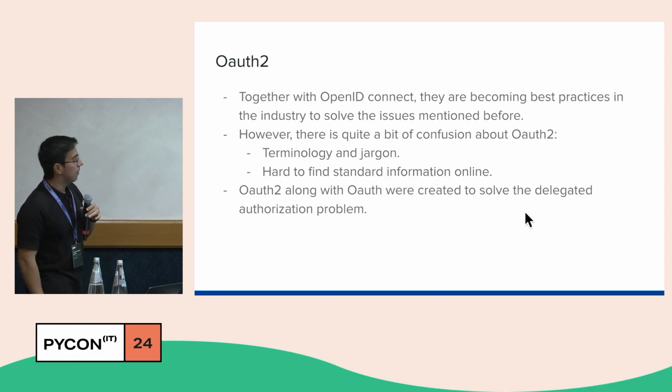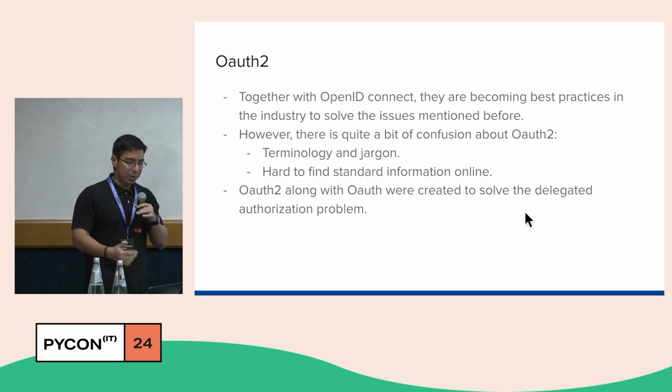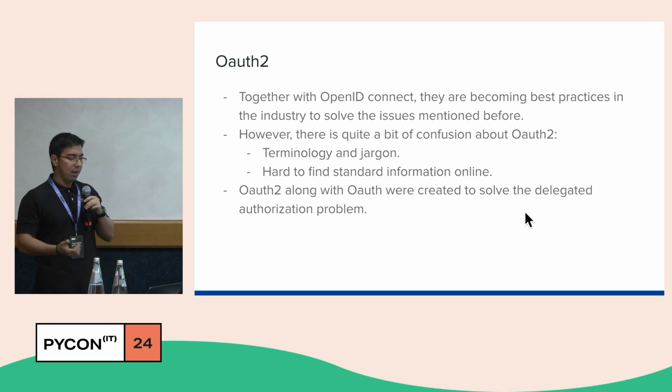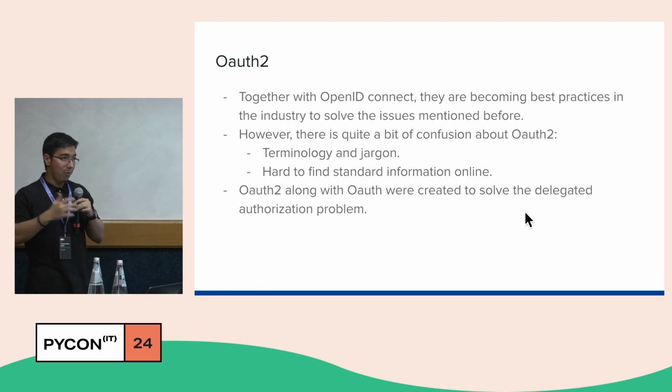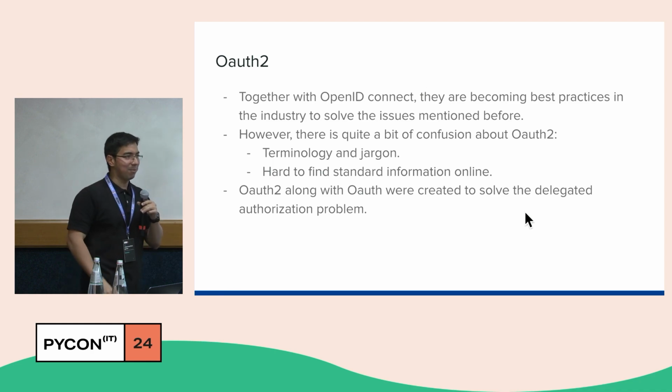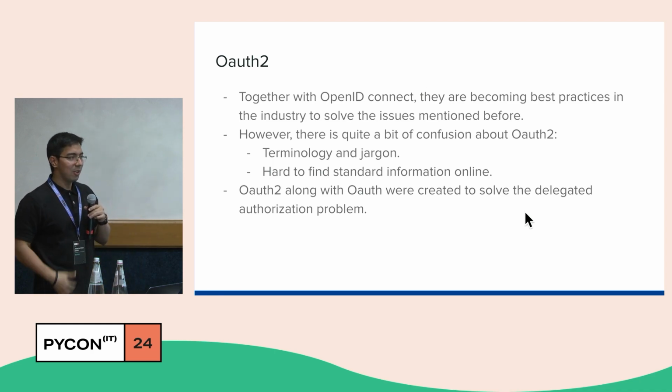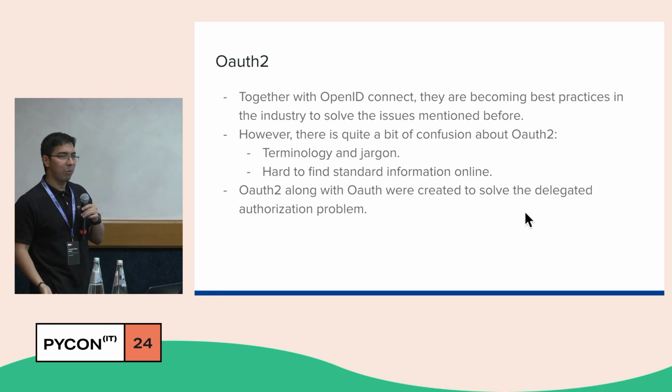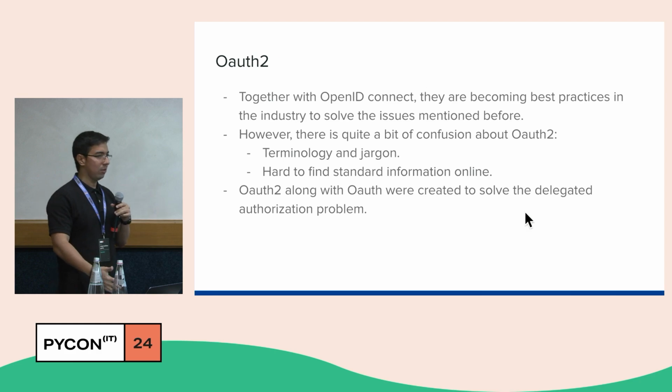So there is a protocol called OAuth2 that, together with OpenID Connect, is becoming the best practice to solve the issues that were mentioned before. However, as I asked before, there's common confusion about how that protocol works internally. Usually it's the jargon and the terminology, for example, what is a secret key, how do we use the secret key, what is an exchange code, and so on.